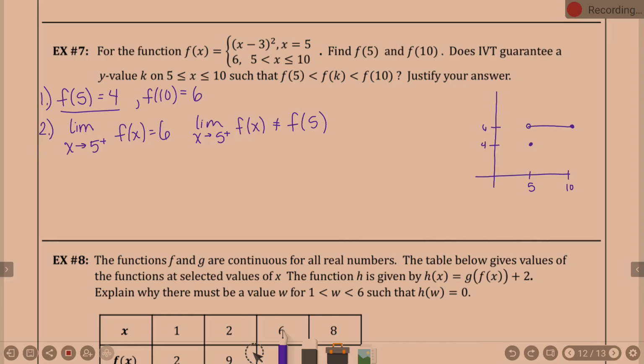Okay. So I'm going to say IVT does not apply since f of x is not continuous on the interval 5 less than or equal to x less than or equal to 10.